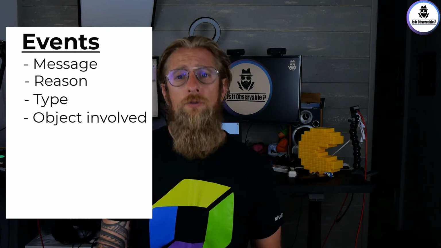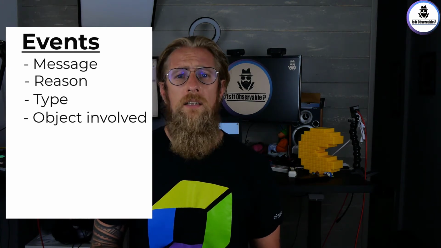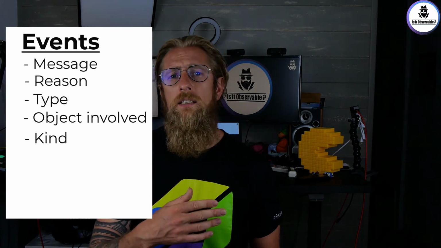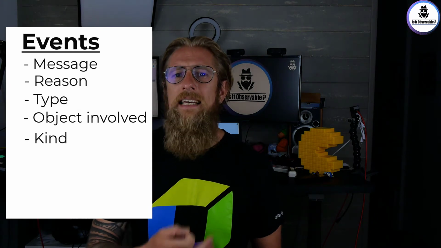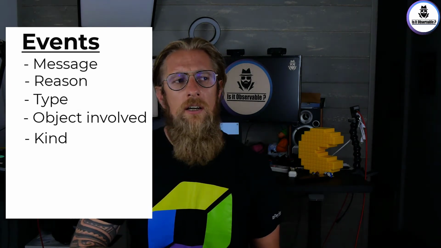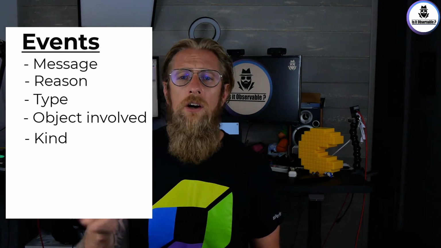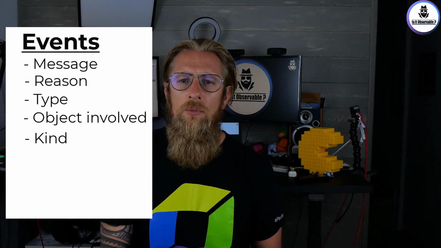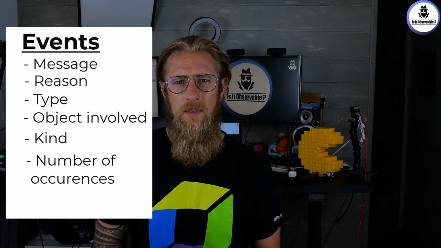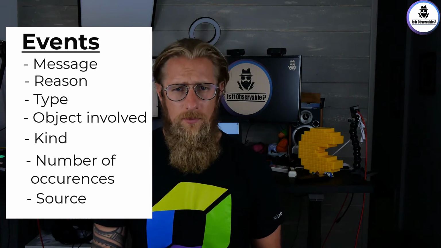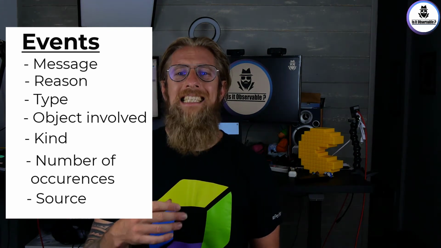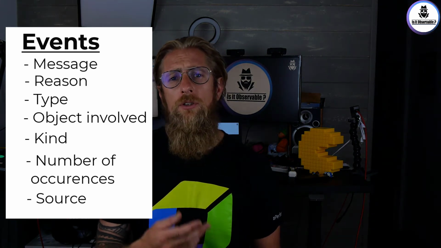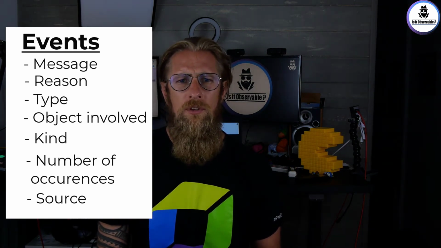The object involved in the event, the kind: it could be a pod, it could be a stateful set, stuff like this. And the great thing is Kubernetes is not pushing events on and on. Once it has detected an event, it's just counting the number of occurrences of that event. Also the source of the event. Who has detected the event? It could be kubelets, it could be others, of course. The source is also very interesting information.